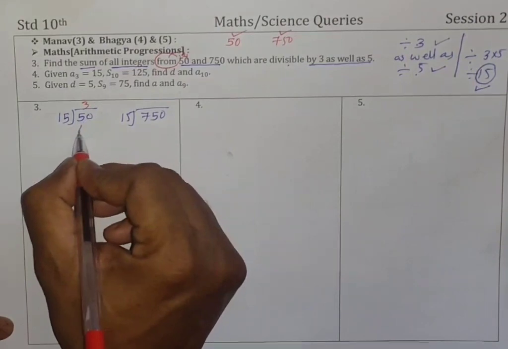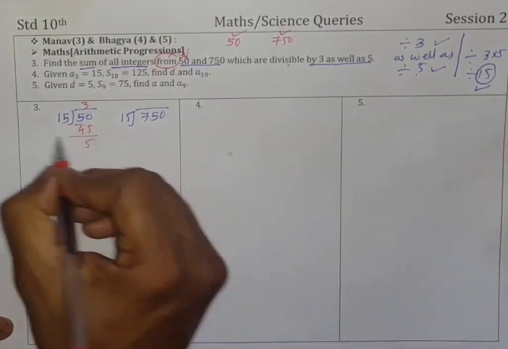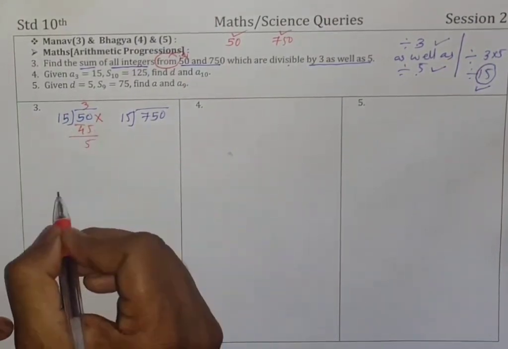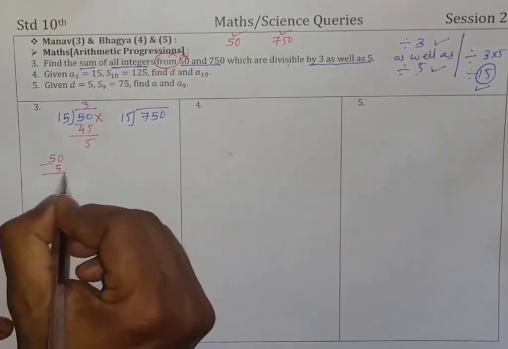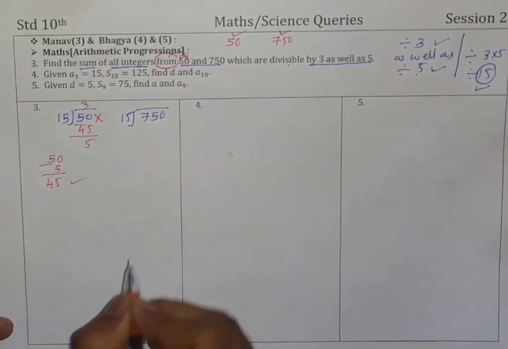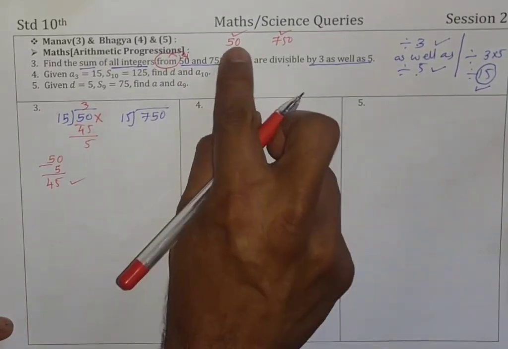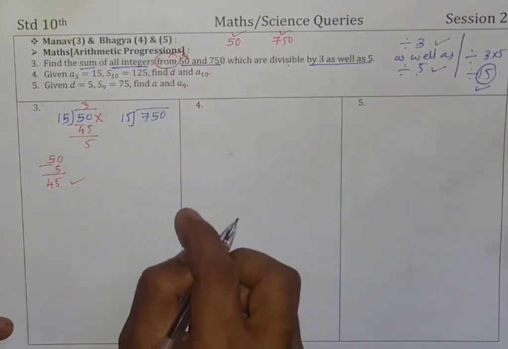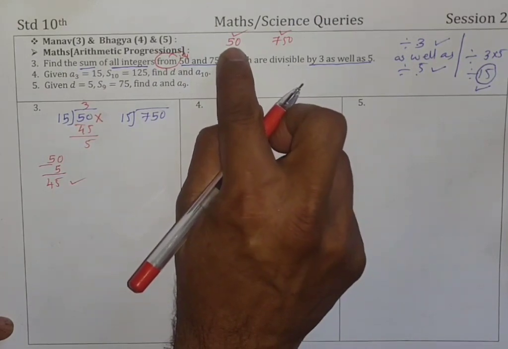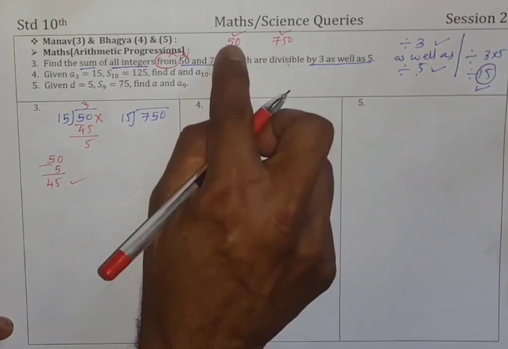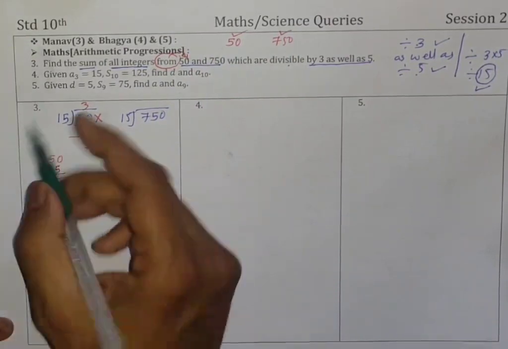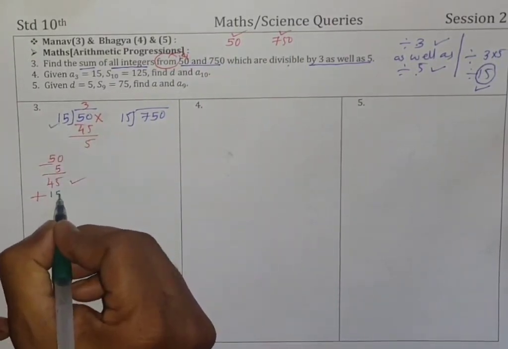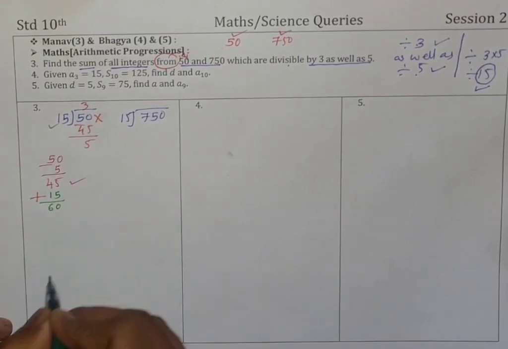चलिए देख लीजिए, 15 3s are 45, so this 50 is not a multiple of 15, so आप 50 में से वो रिमाइंडर निकाल दीजिए, so 45 is a multiple, लेकिन 45 50 और 750 के बीच नहीं आता है, it doesn't exist from 50 to 750, ये 50 के बिलो आता है। So यहाँ we need a multiple of 15, so I add 15, so I got 60.